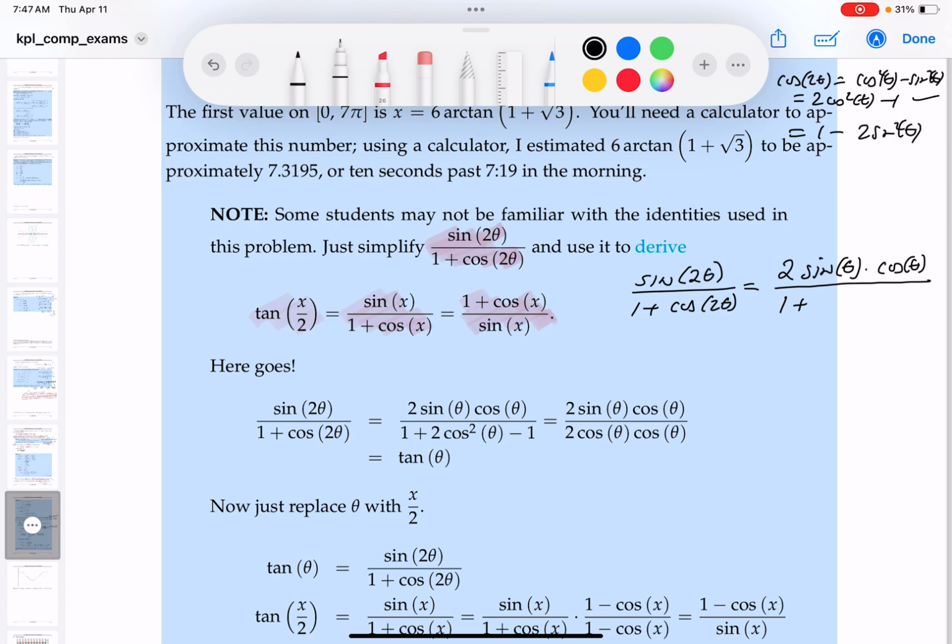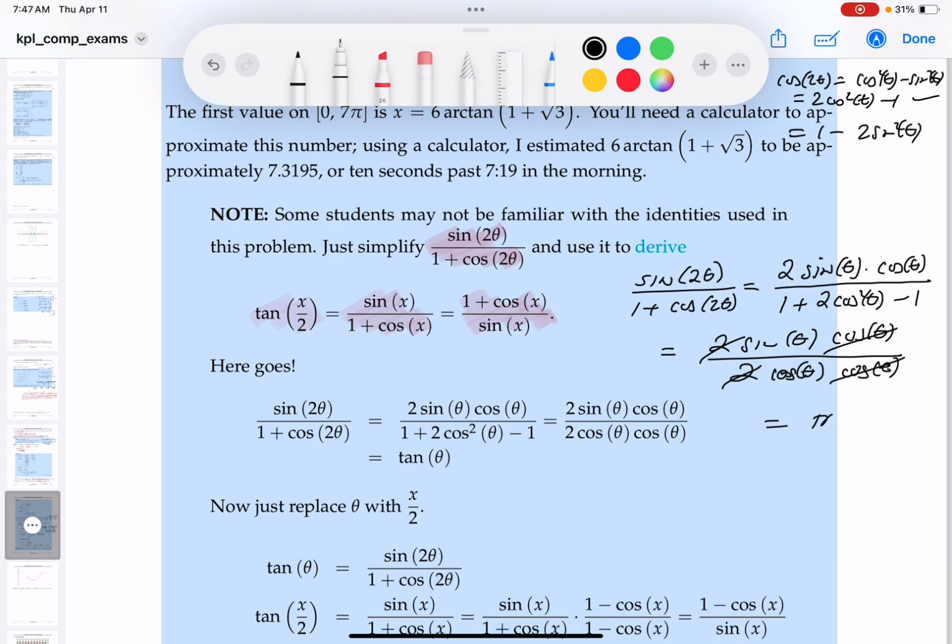And what's that going to be? It's going to be 2 cosine squared theta minus 1. Let me simplify that. And you get 2 sine theta cosine theta on top. And on bottom, what do you get? You get 2 cosine squared theta, which means there are 2 factors of cosine. What happens over here? The 2's cancel off, and you're left with sine over cosine.